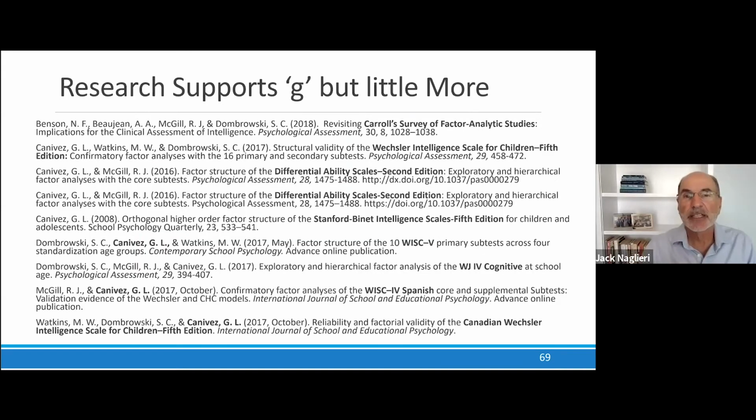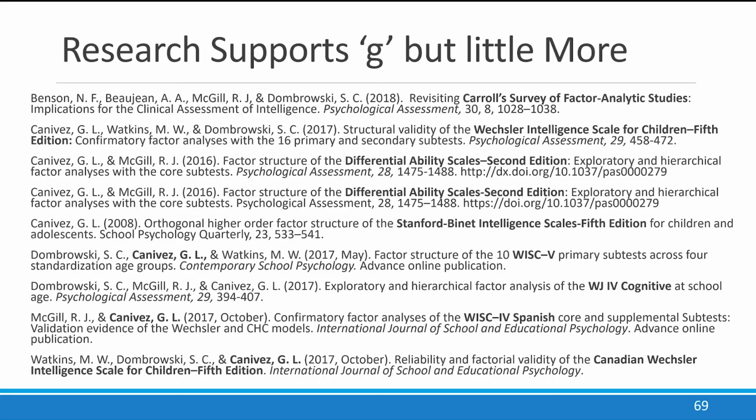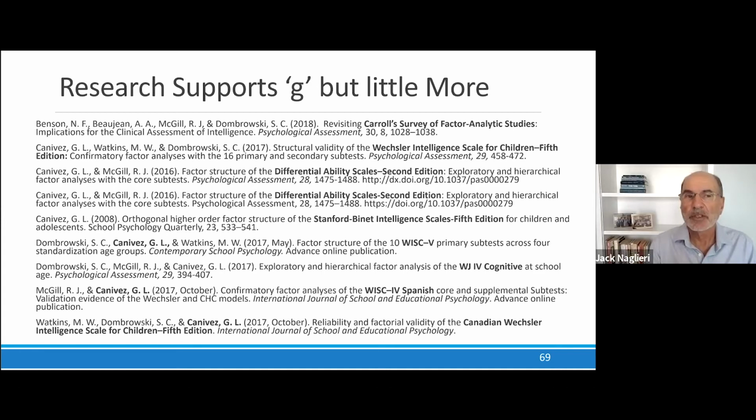I'm not exaggerating. This is not even half of the research studies that have been done. Now, I want you to know, I know these people, right? If I didn't think that they were trustworthy, I wouldn't accept what they found, but I do. They're good, honest people who are trying to help us understand what we have.